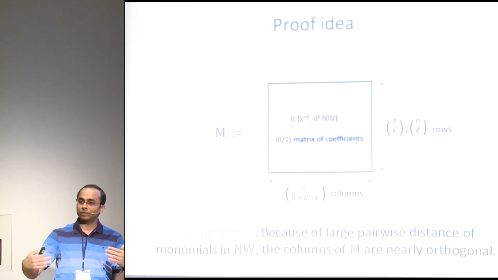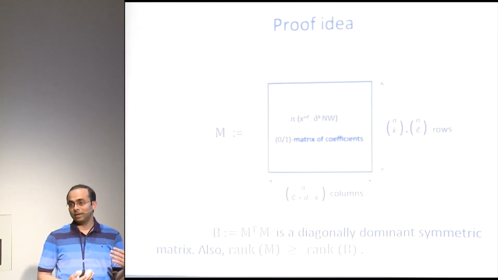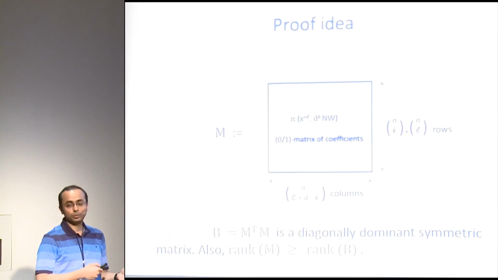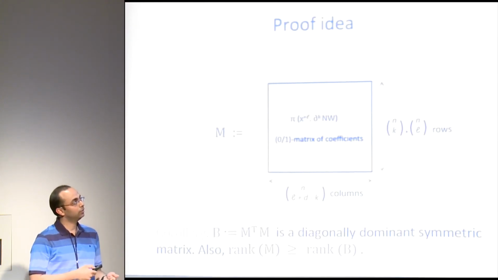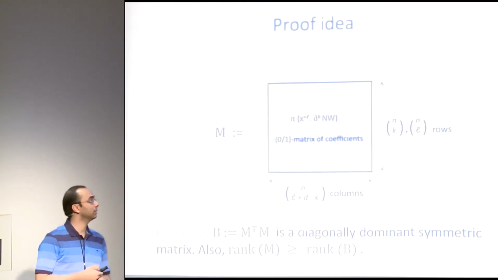Is it also hard for homogeneous depth 4? Perhaps any homogeneous formula? It's possible. I'm inclined to believe that, but as a first step, one can try to prove the same lower bound for homogeneous depth 4, but with the elementary symmetric polynomial as the hard polynomial.